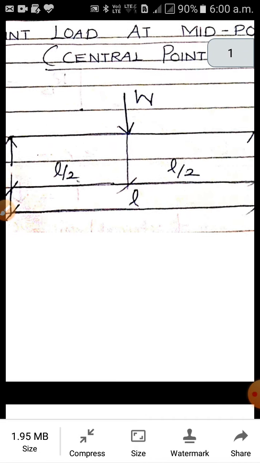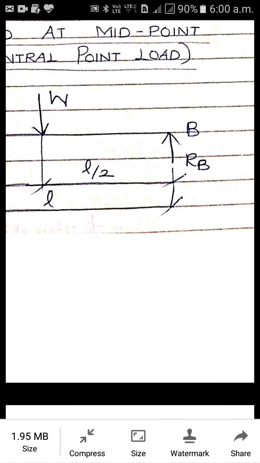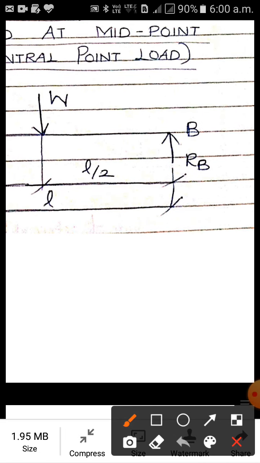And what about W? This is B about which you are going to take the moment. W is acting downward.